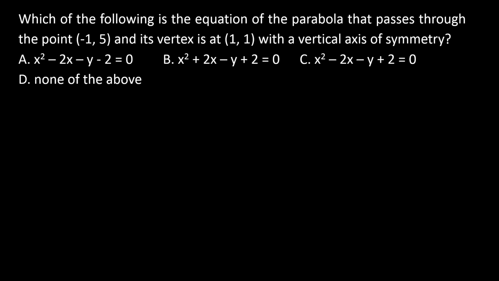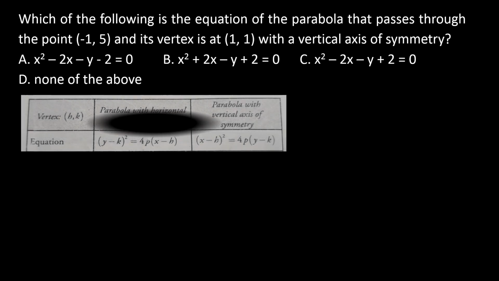Looking into the properties of parabola, the first one is with horizontal axis of symmetry. The problem being described is vertical, so we will use the second equation because it has a vertical axis of symmetry. In the second row, we have x minus h to the power of 2 is equal to 4p times y minus k.